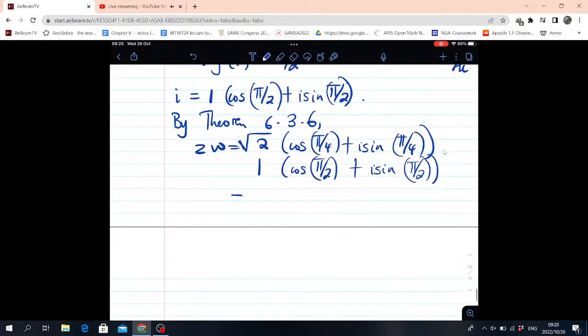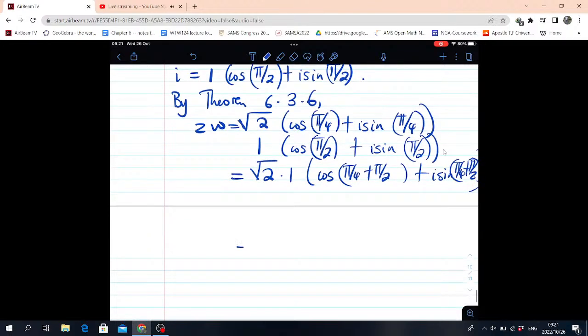And from there we see that this is just the square root of 2 times 1, right? And then on the angles we just add. So cos of pi over 4 plus pi over 2 plus i sine of pi over 4 plus pi over 2, right? And this becomes the square root of 2 times (cos 3 pi over 4 plus i sine 3 pi over 4), and that is it.